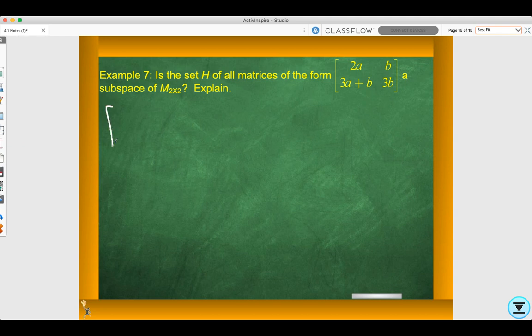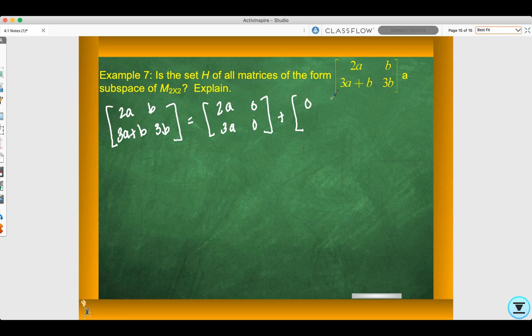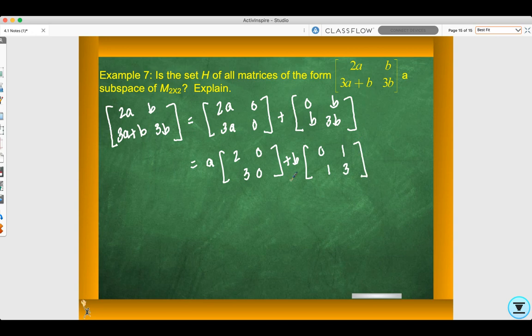So first, we can take this and rewrite it as the matrix [2a, 0; 3a, 0] plus the matrix [0, b; b, 3b], and then factor out my a and get [2, 0; 3, 0], factor out my b and get [0, 1; 1, 3], and then H equals the span.